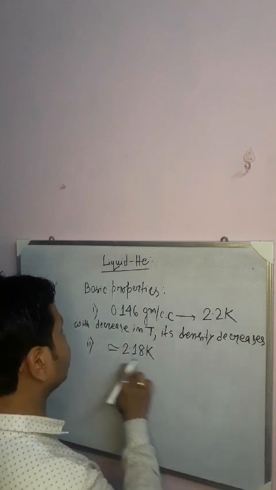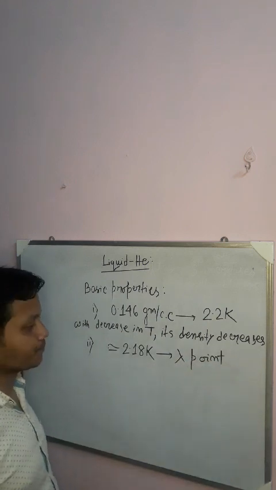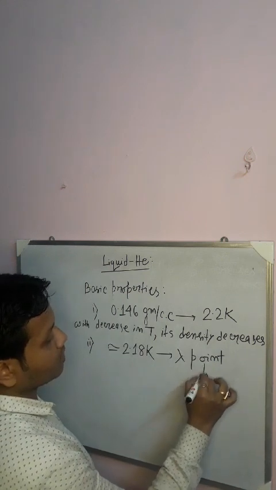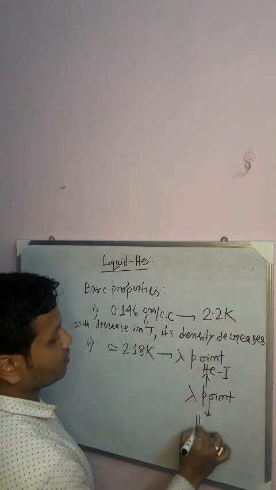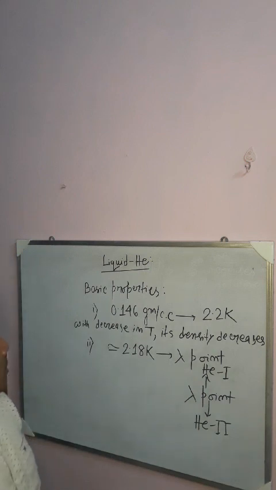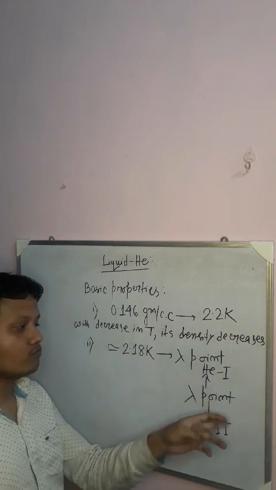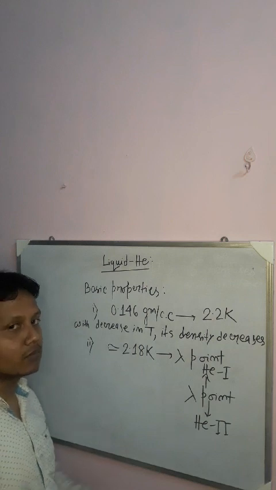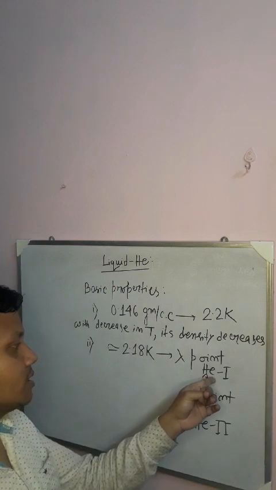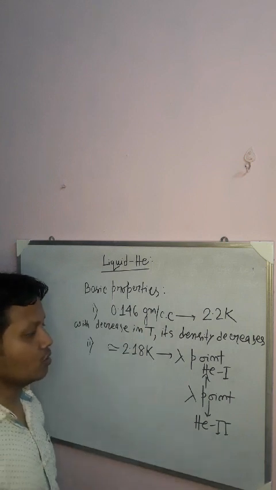This temperature is called the lambda point, which is a second order phase transition. Above the lambda point, liquid helium is known as helium 1, and below the lambda point, it is known as helium 2.